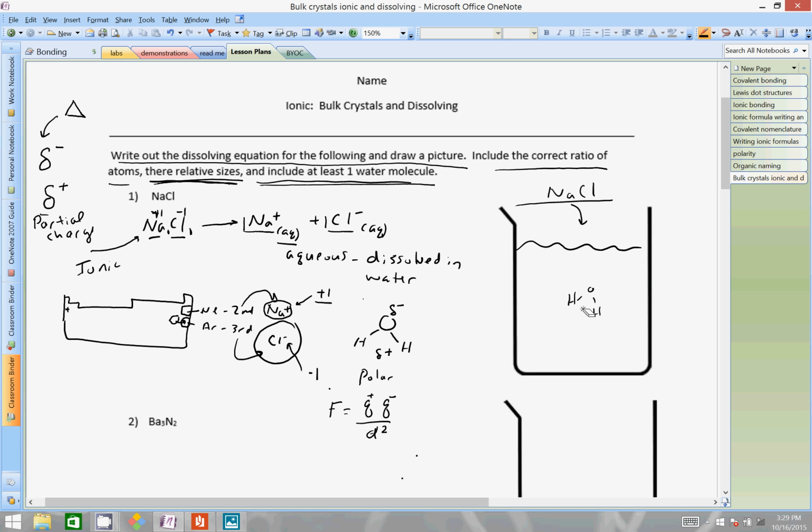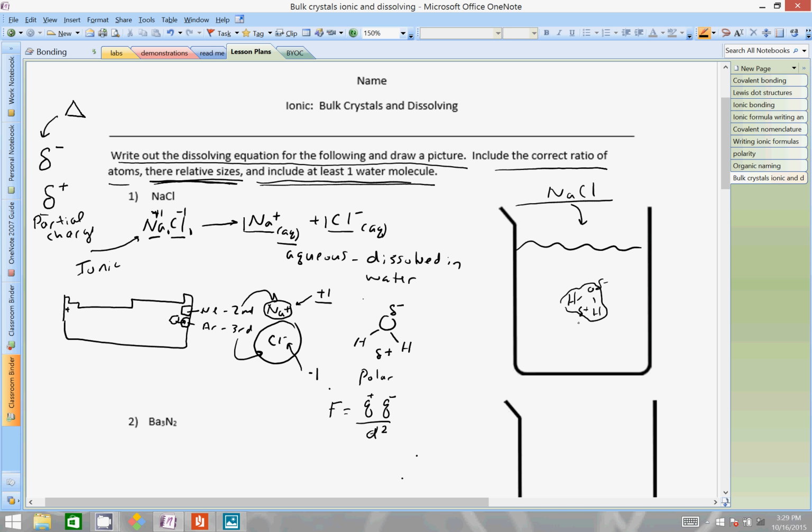If you're going to write down the actual charge, make sure you include that it's a partial positive, partial negative. Now, like I said, you don't have to put that on there. You could just leave it off and you just know this area is positive, the other oxygen area is negative.